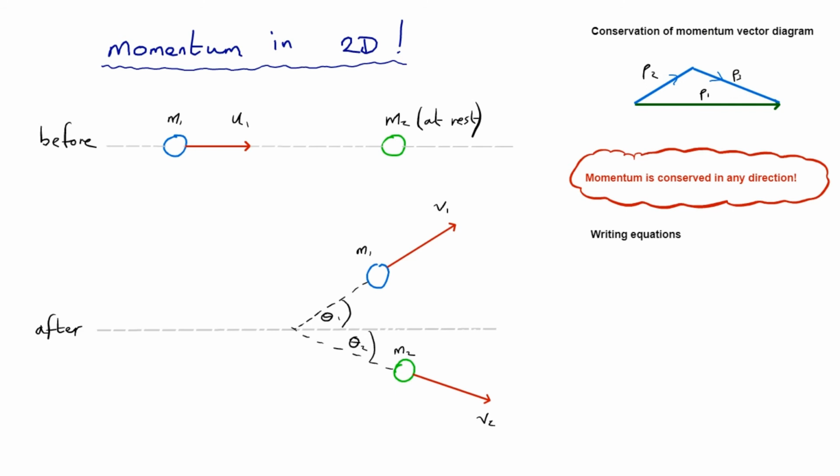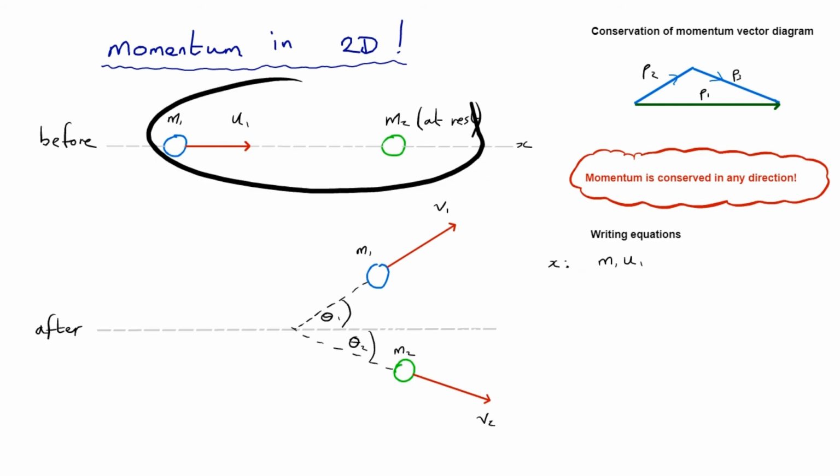Let's first of all choose, let's call this the x direction, or the horizontal direction. In the x direction, if momentum's conserved, before the collision we've just got what I'm calling p1, or I'm going to write it fully this time, m1 u1, because that's the only momentum before the collision. What's the momentum in the x direction after the collision?